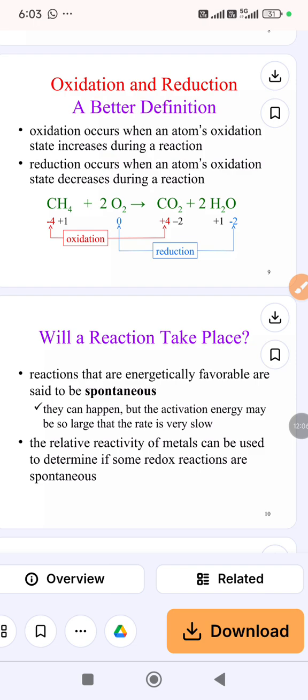Some of the reactions are spontaneous, means they take place by themselves. No source of energy is given. Energy is not supplied from outside, but the reaction takes place itself. So some of the oxidation reduction reactions are spontaneous in nature.